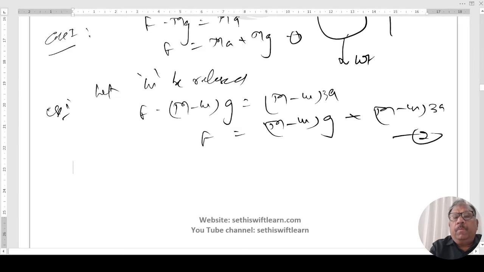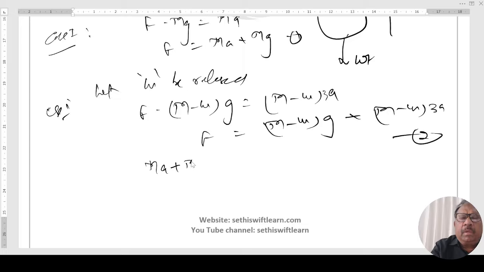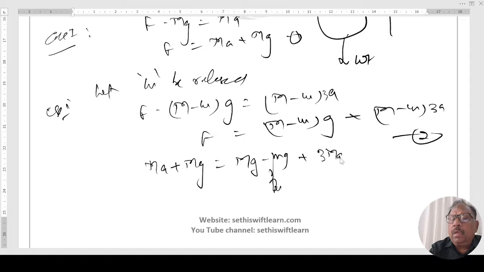On solving 1 and 2, now equating 1 and 2, the value of F from here, ma plus mg equal to, this will come out to Mg minus mg plus 3Ma minus 3ma, right? This mg goes.